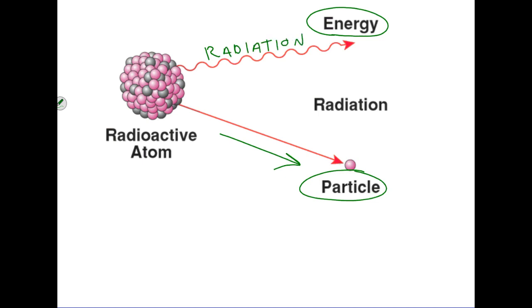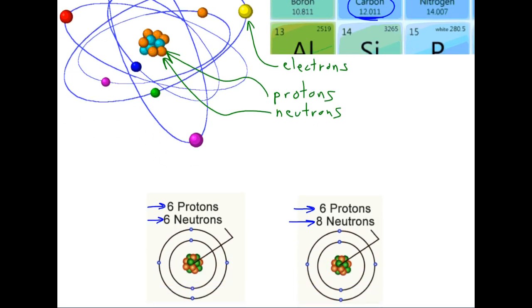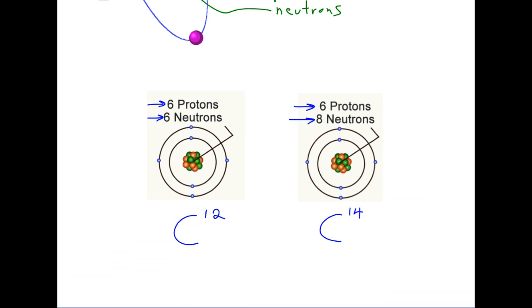So when an atom is radioactive, we say that it gives off radiation when one of the particles leaves the nucleus. Carbon 14 is radioactive, where carbon 12 we say is stable. Carbon 14 is unstable.